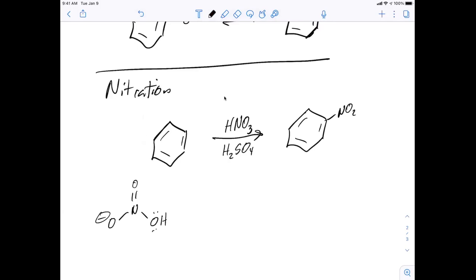So the HNO3 is this compound. We react that with sulfuric acid.